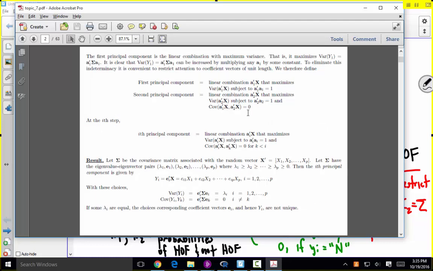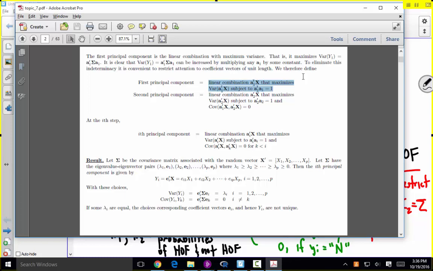So here is the main result, really. The first principal component is the linear combination A1 transpose X that maximizes the variance of the resulting linear combination.